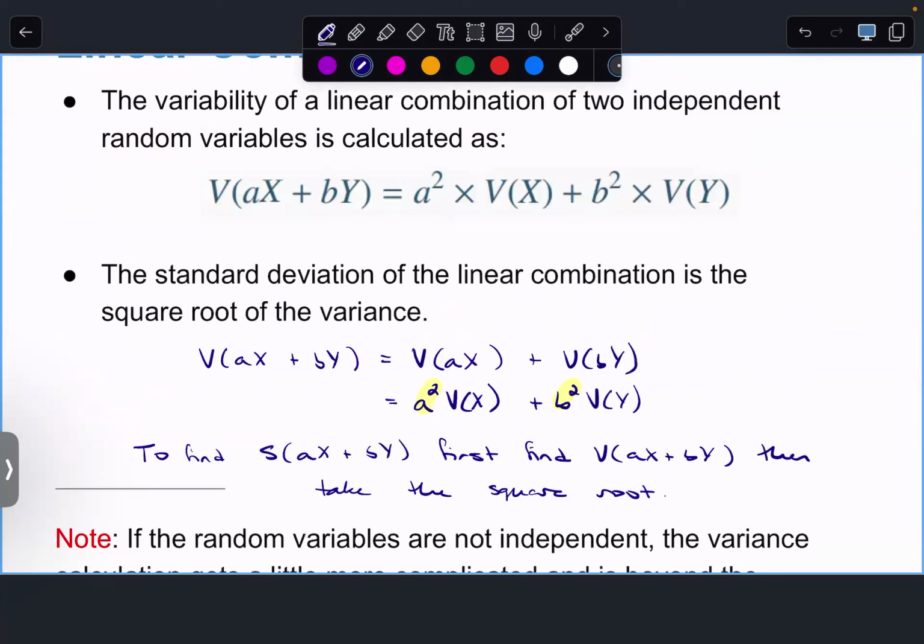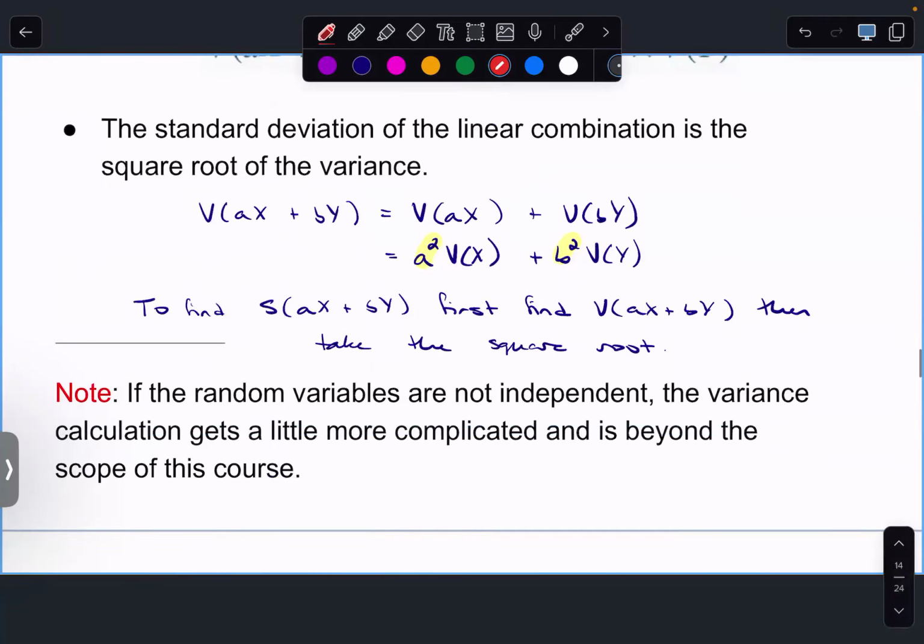One thing to note is that we're talking about two independent random variables. We're not going to talk about non-independent random variables. If they're not independent, then we have to do a little bit more work. Obviously, that's not in this course, but it would be in the next course, so it's good to be aware of.